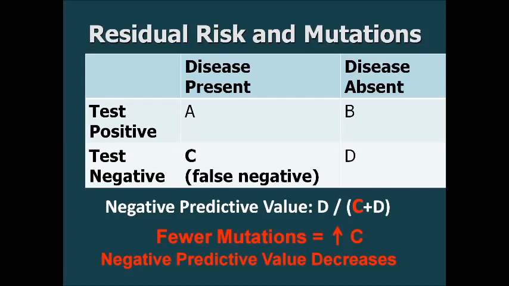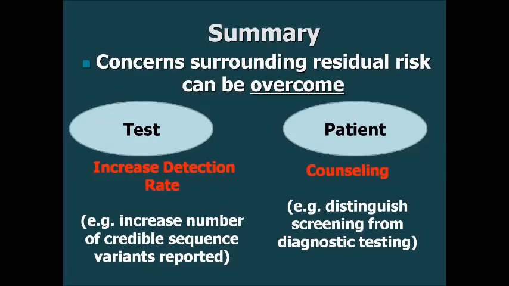So what do we see with expanded carrier screening? We see more mutations on panels, and our negative predictive value will generally increase, and residual risk will go down, depending on whether or not those mutations really do cause disease. So in summary, concerns surrounding residual risk can be overcome.